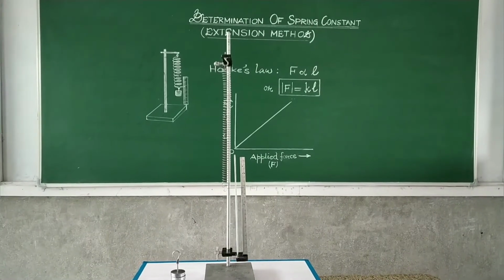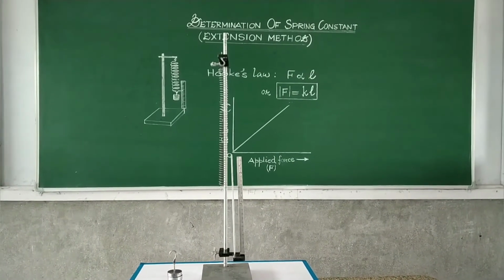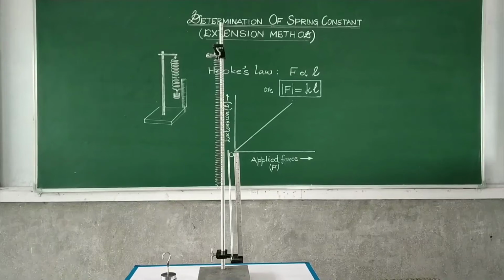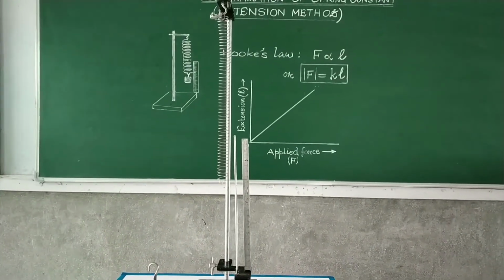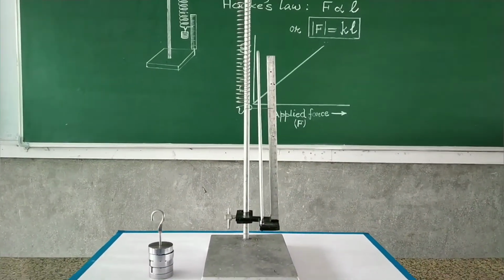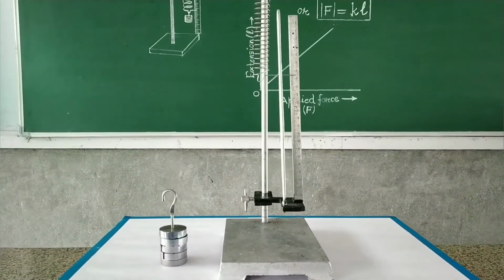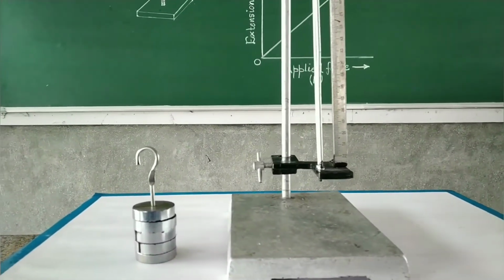Students, this is the setup which we will be using to determine the value of the spring constant of this given spring. It consists of a stand with a firm base, which is used to hold or clamp the given spring. And this is a hanger with slotted weights.